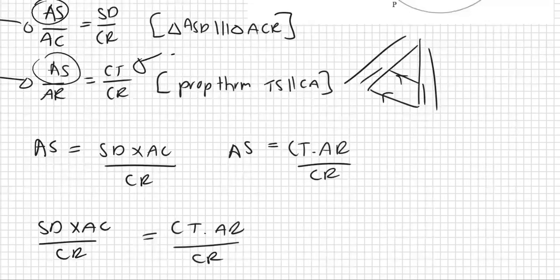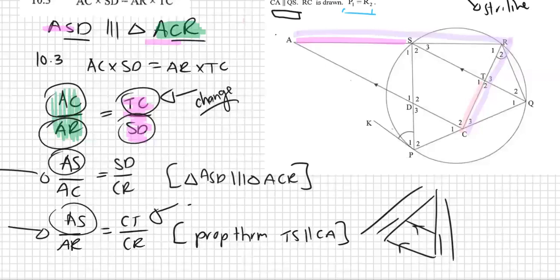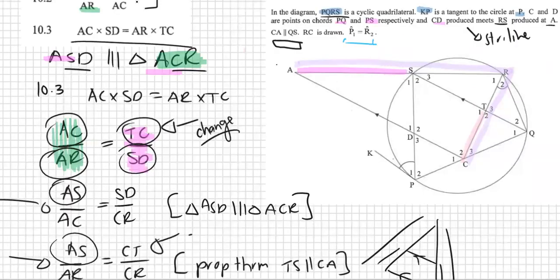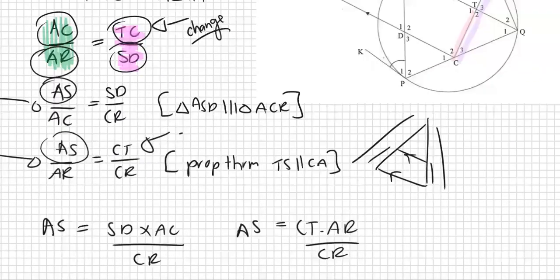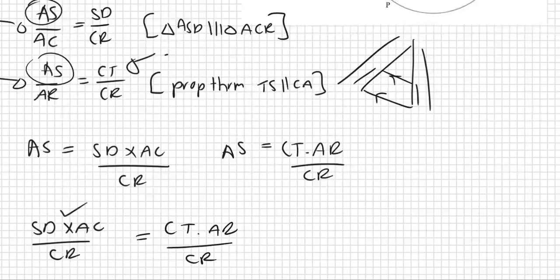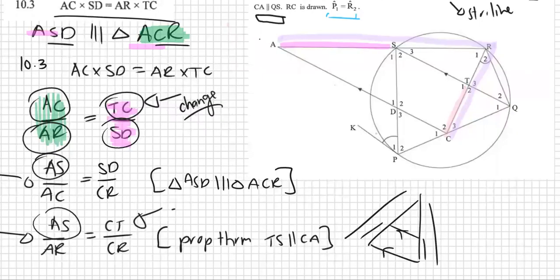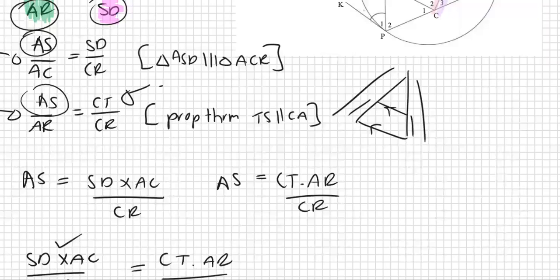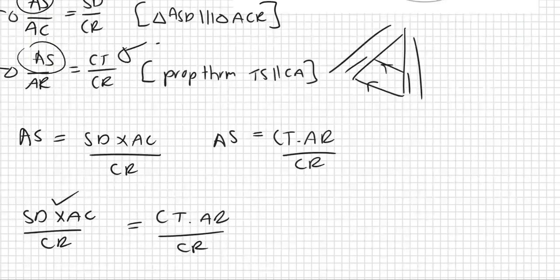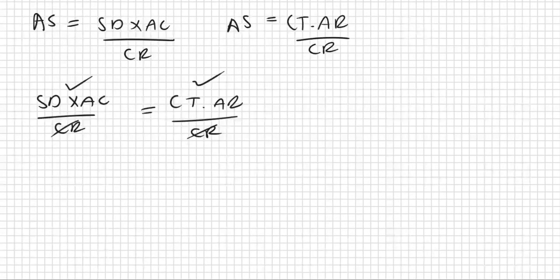Go back to our question. We were required to prove AC times SD. Do we have AC and SD? We have SD and AC, so that side, yes. And we were required to prove that it is equal to AR times TC. Do we have AR and CT, the same thing? Yes. We can just drop the denominators. Boom, boom, boom. Okay.